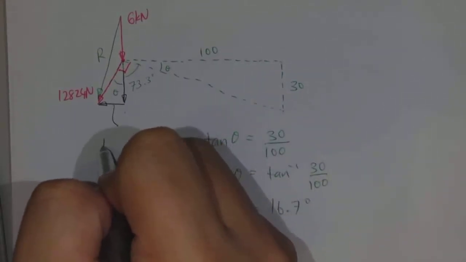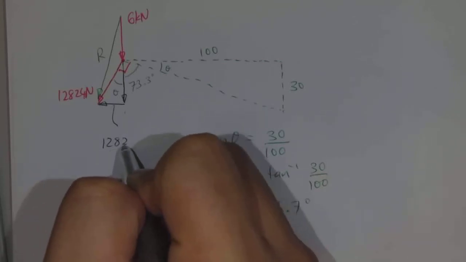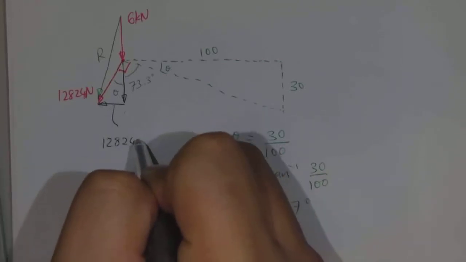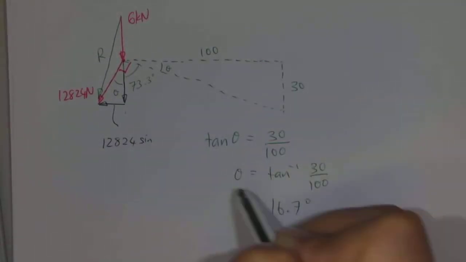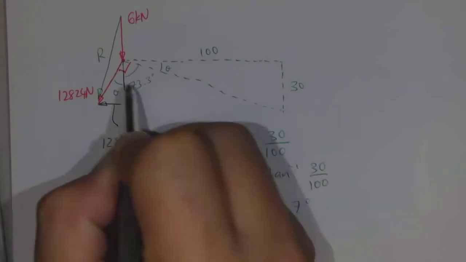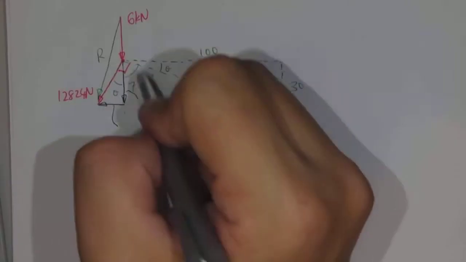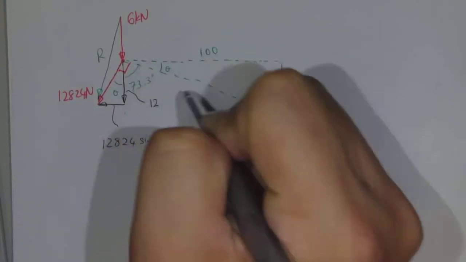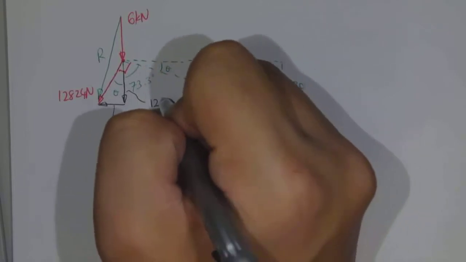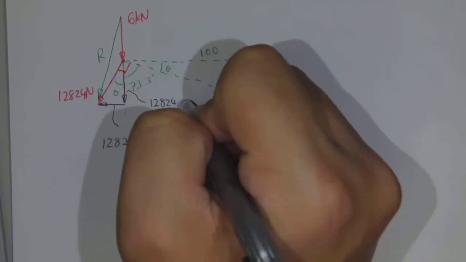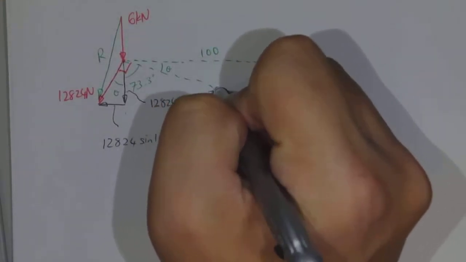This component here would be equal to 12,824 multiplied by the sine of this angle, which is 16.7, and this force here would be equal to 12,824 times cosine of 16.7.